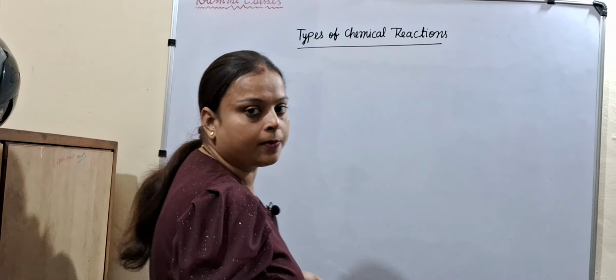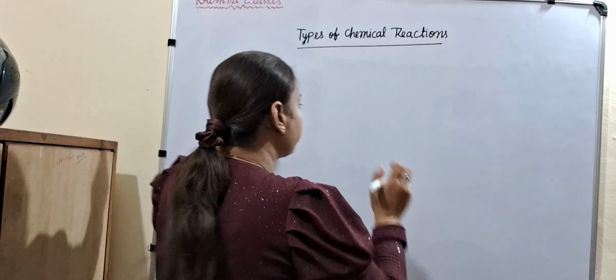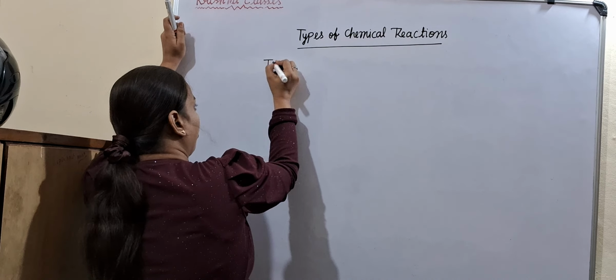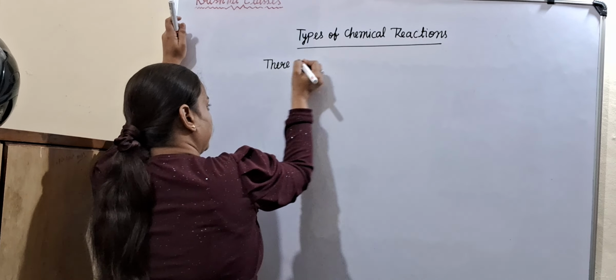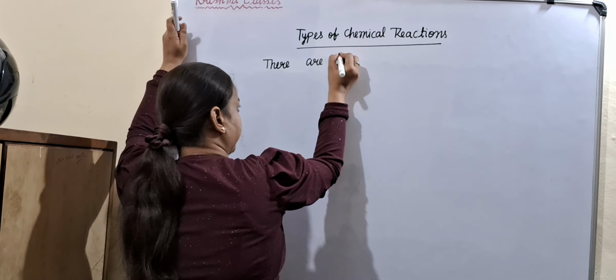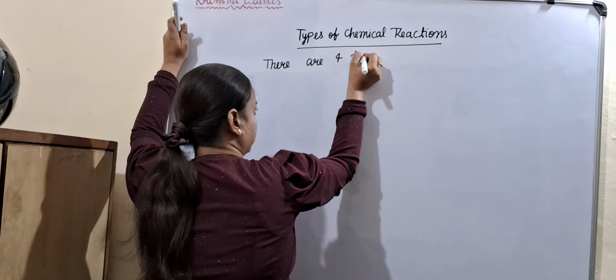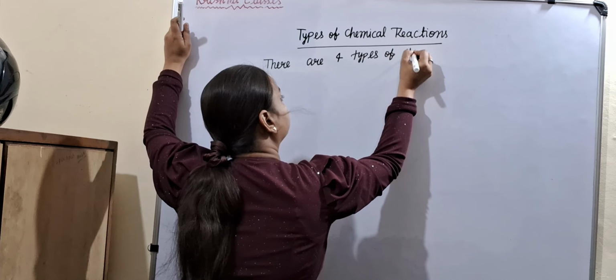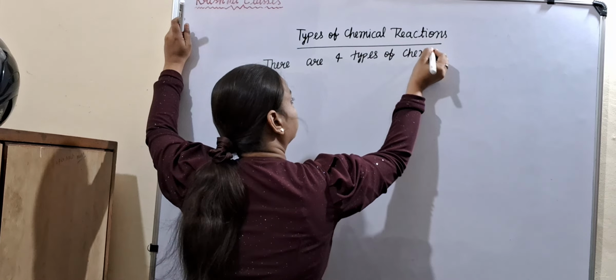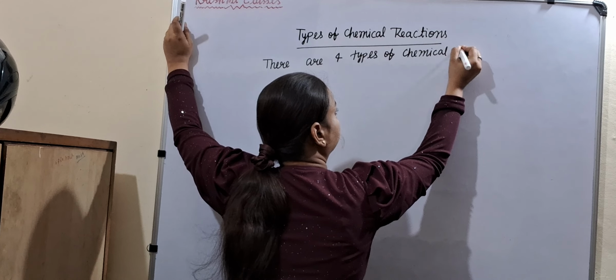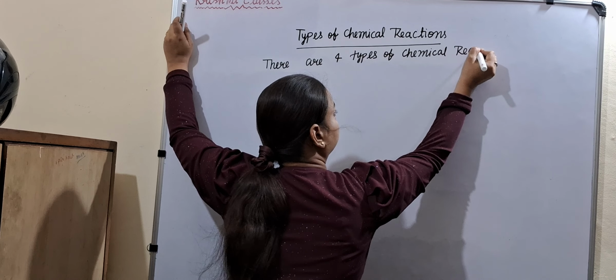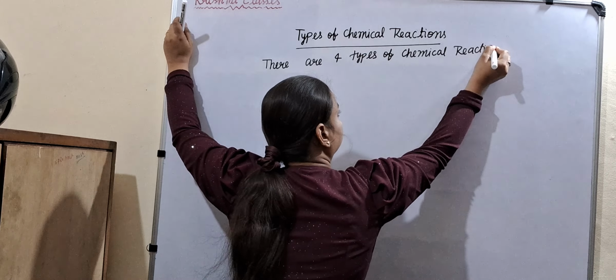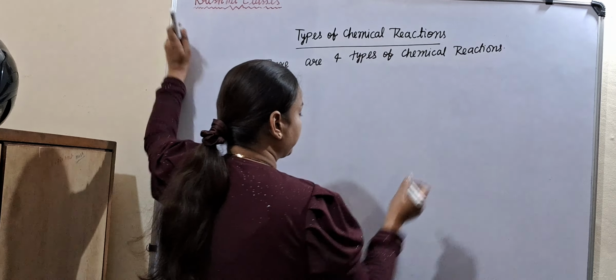How many types of chemical reactions are there? There are 4 types of chemical reactions.